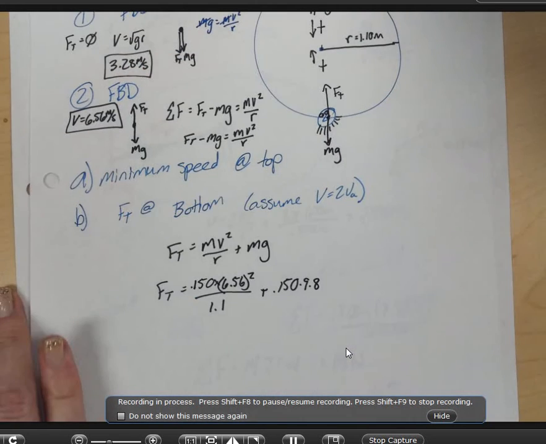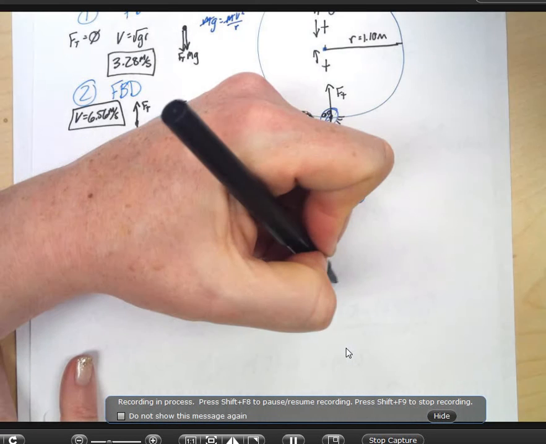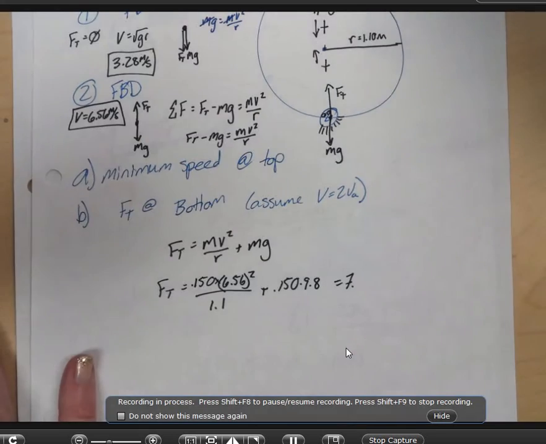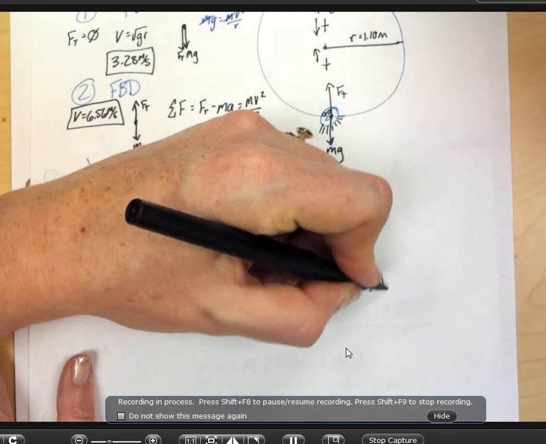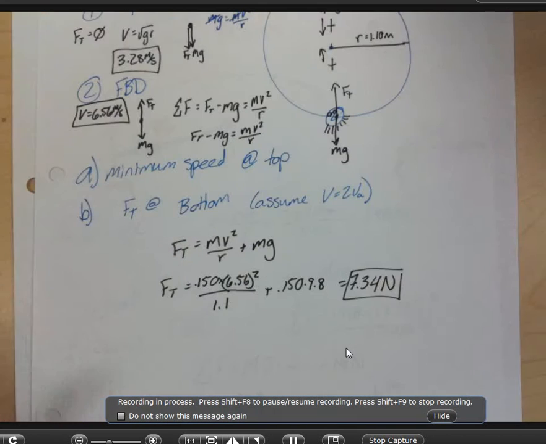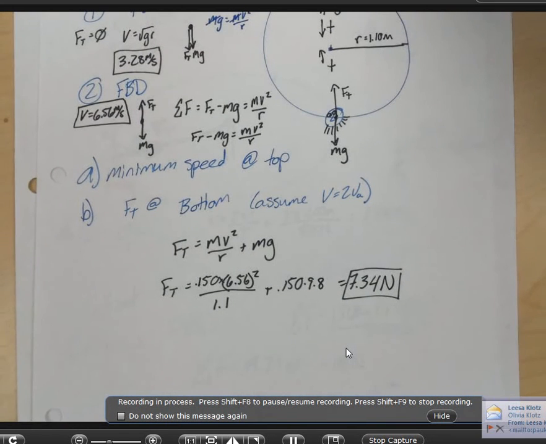And I do that math, I calculate it out, and I get that the force of tension equals 7.34 newtons. So the force of tension at the bottom is actually substantial.